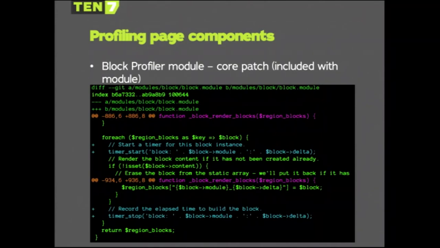So we'll often have this just as a patch that lives next to Drupal core, and if I need to have this information, I'll apply the patch, and when I'm done with it, we'll just wipe it away. But the ability to just get timing information in various parts of Drupal core is extremely powerful, and it's something that you shouldn't shy away from.